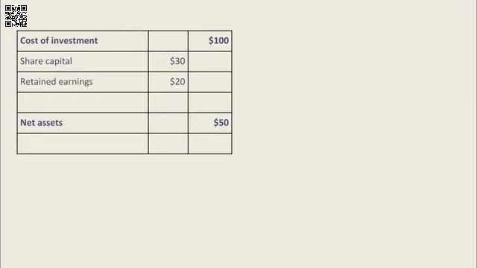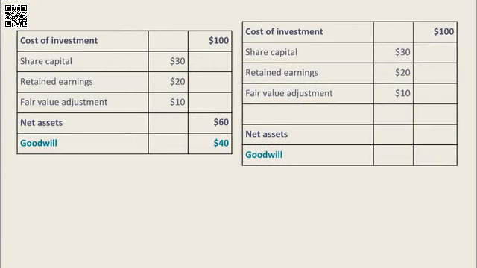Imagine that we acquire 100% of a company for 100. At the date of acquisition, the entity has net assets of 50, made up of share capital of 30 and retained earnings of 20. The entity has property which has a market value that is 10 higher than the book value. Taking this fair value adjustment into consideration, we would see a cost of investment of 100 compared against net assets of 60, giving a goodwill figure of 40. However, we must also take into consideration the increase in the deferred tax liability caused by the increased value of the property.